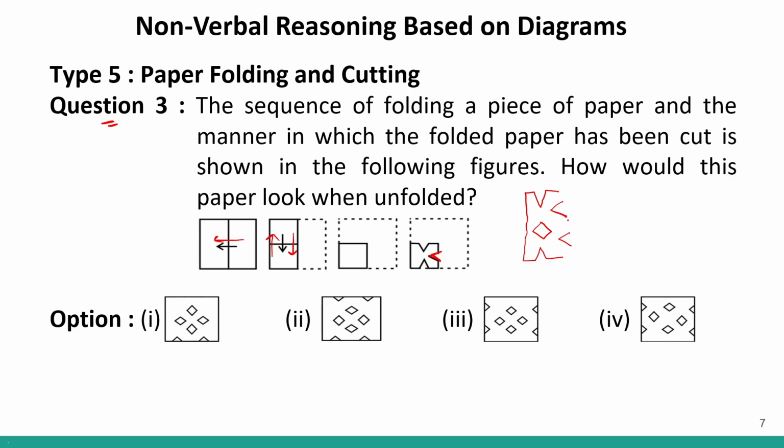Correct? Now, when I open the paper, that is this side, we'll get diamonds over here. This incision will look like this, and this incision will look like this, and here also we'll have a diamond. So my incisions will look something like this: 4 diamonds, and over here we'll have 4 triangles.